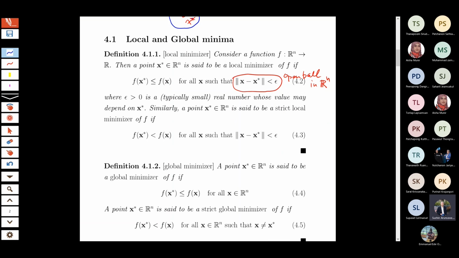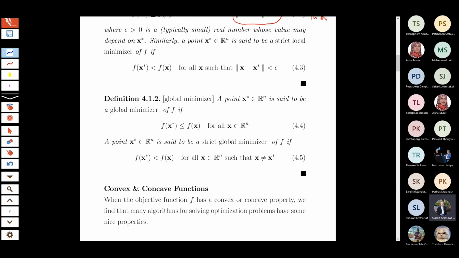If we add the word strict to the local minimum, then a point x* is said to be a strict local minimizer of the function f if f(x*) is less than f(x) for all x in the neighborhood. Now in definition 4.1.2, the definition of global minimizer is given.